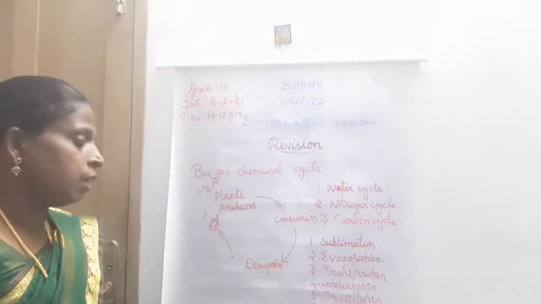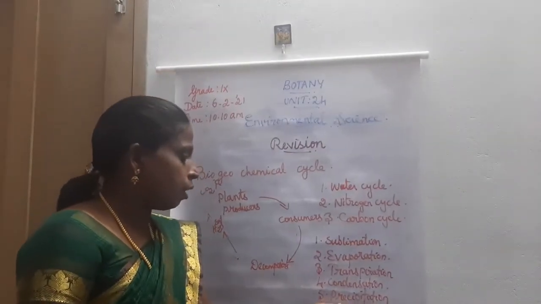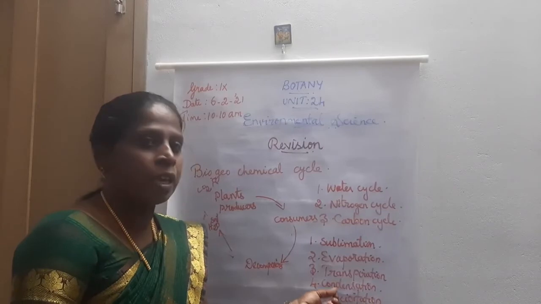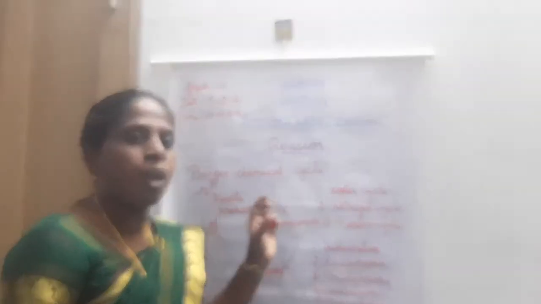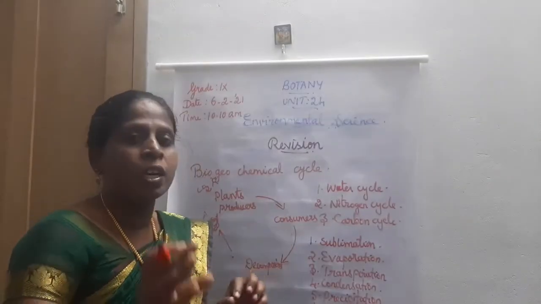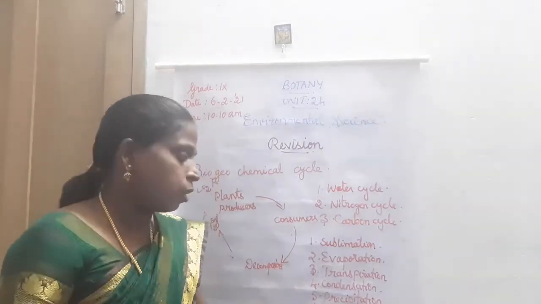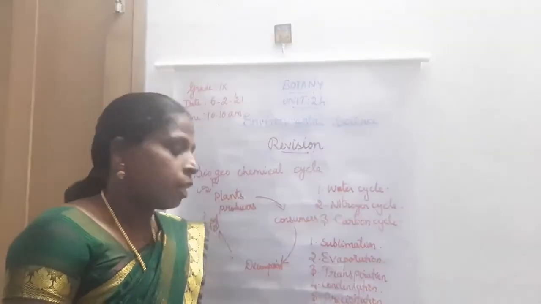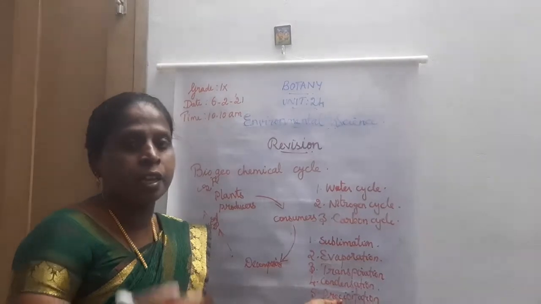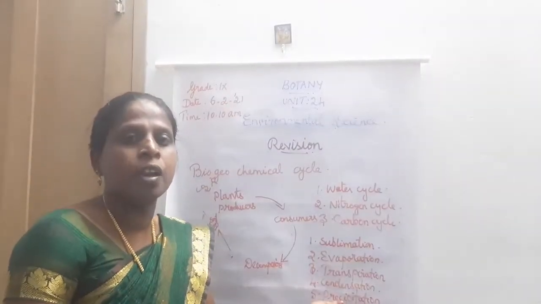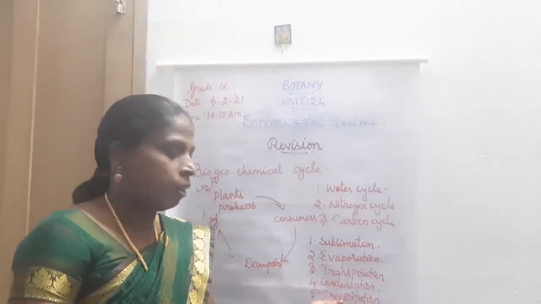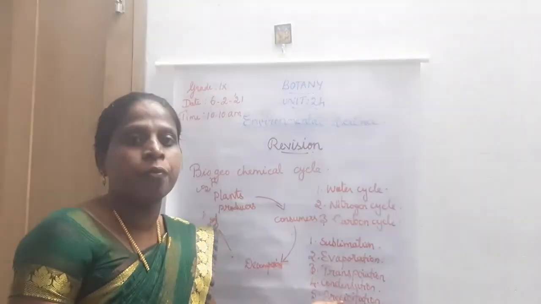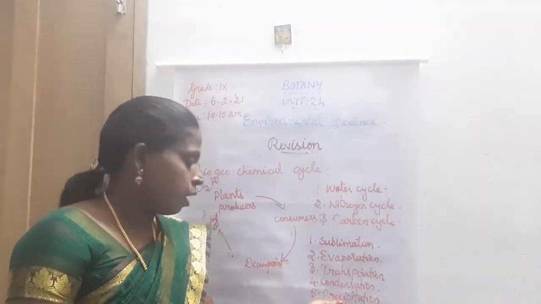Due to the change in the wind, the clouds may get cool, and the water droplets fall to the ground. That is called precipitation. It can fall as rainfall. It can fall on the earth in the form of rainfall, drizzle, etc.